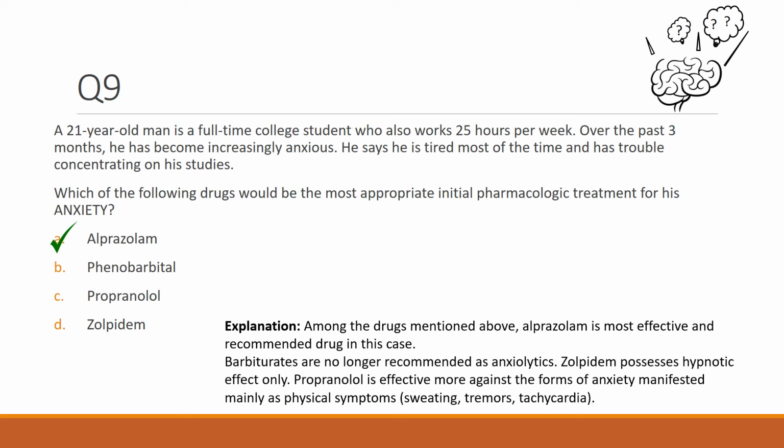Zolpidem possesses hypnotic effect only, therefore it cannot be used, and similarly propranolol is effective more against the forms of anxiety that are manifested mainly as physical symptoms. For example, sweating, tremors, and tachycardia. Therefore, among the drugs mentioned here, alprazolam is most effective and recommended drug in this case.